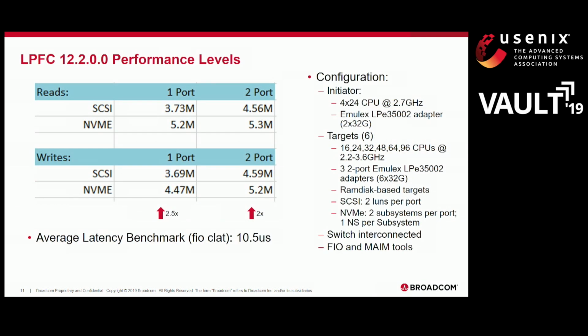The end results that we got: we moved the SCSI single port numbers from 1.5 to 3.75 million, and the two port numbers from 2 million to 4.5 million. We moved the NVMe from sub 2 million to 5.2, and the two port at 5.3.